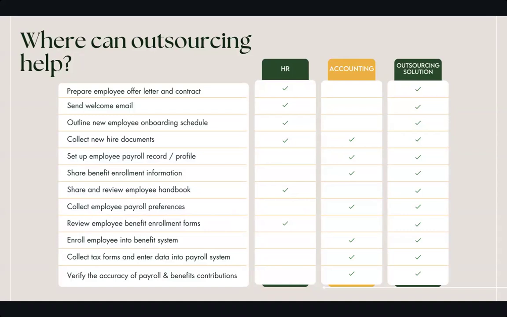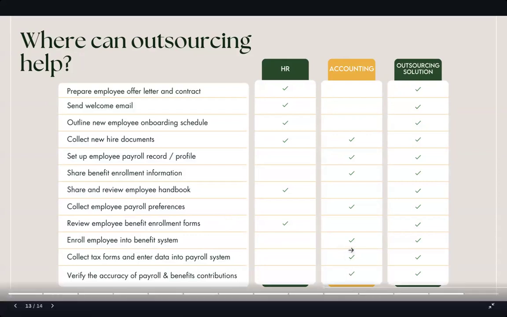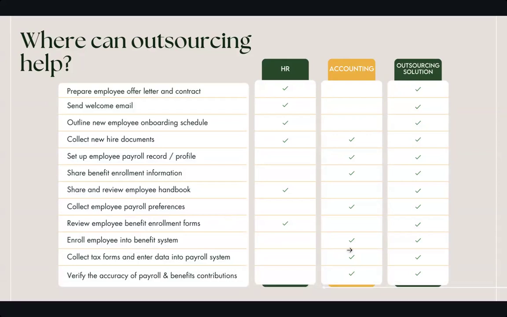The HR team will collect the benefit forms and manage all of the HIPAA information. And then the data gets entered into the system from a record keeping perspective. Tax forms are collected and input into the system, and then the accuracy of that information is managed by accounting.